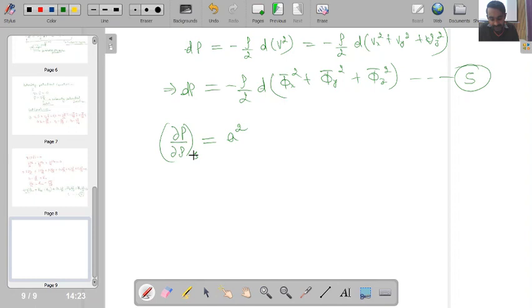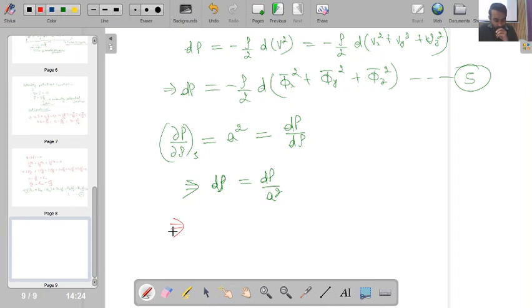Considering that entropy is constant, I can write a square in terms of dp by d rho only, because for an isentropic flow I will not have any dependence on entropy. So this partial derivative I can write directly as a total derivative dp by d rho, because all irrotational flows are isentropic in nature. From here, d rho will be equal to dp by a square.